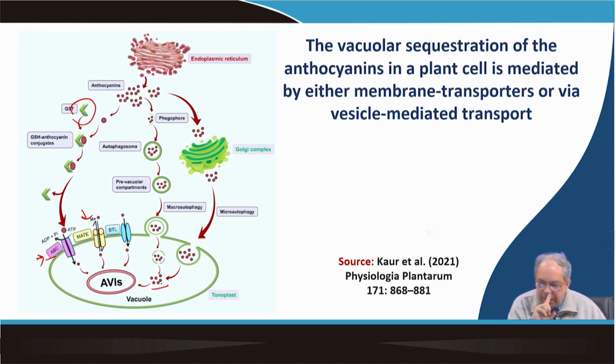But once anthocyanins have entered inside the vacuole, sometimes they stay as anthocyanic vacuolar inclusions. So, it joins with either a chemical molecule or a protein molecule, and it is stored there. So, tonoplast means the vacuolar membrane, okay.